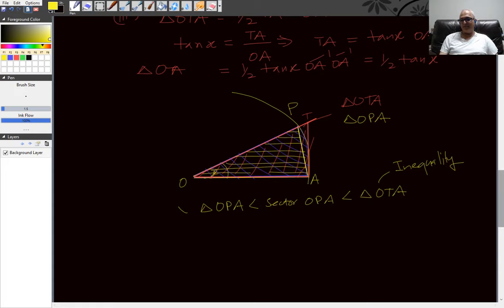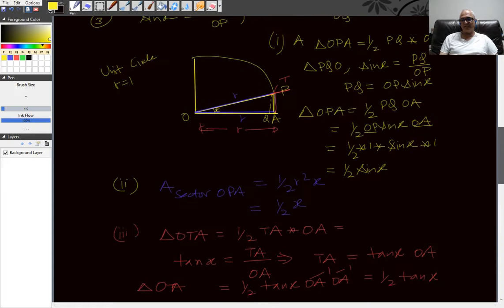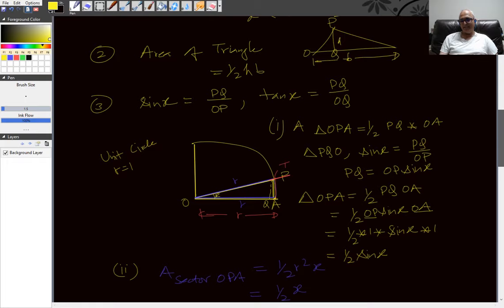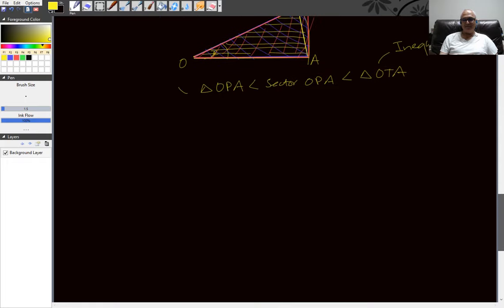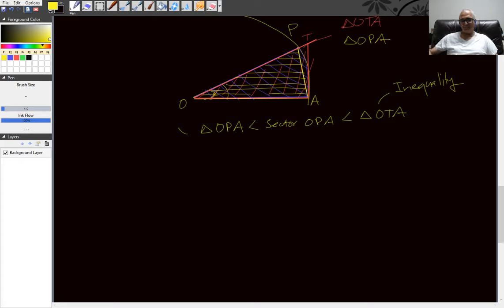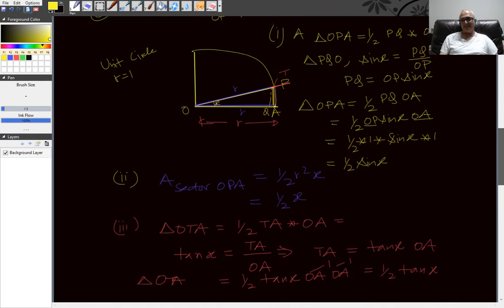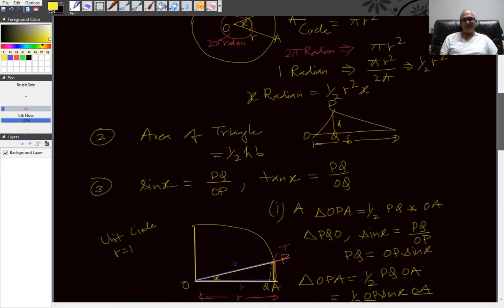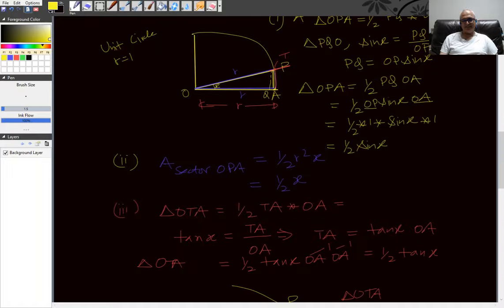Now we put the values of these. So the triangle OPA was half sin x. Sector OPA was half x, from here in blue.